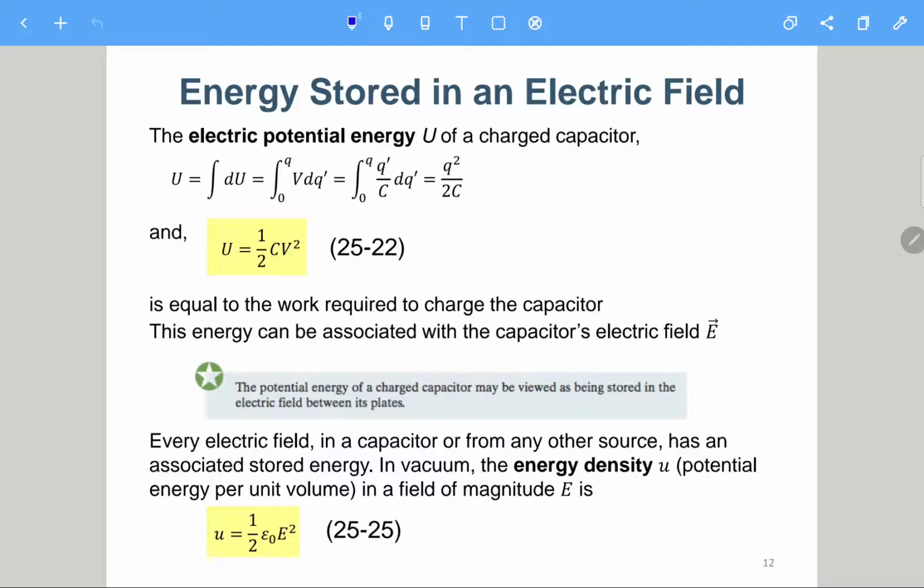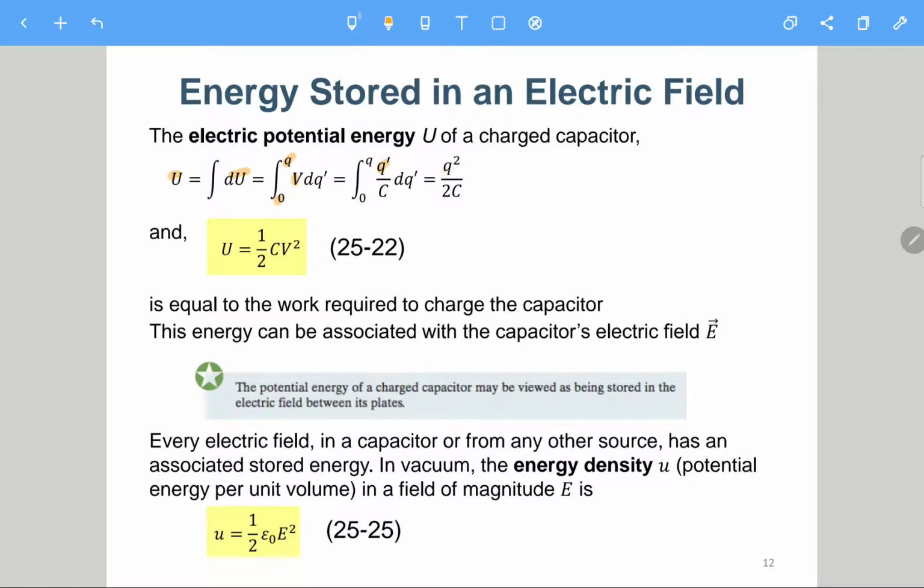So we know that the potential energy can be written as the integration of dU, and then you can simply imagine that you're charging the capacitor, one charge after another from 0 to Q, so that the voltage would change gradually, and of course this V is proportional to the charge amount.